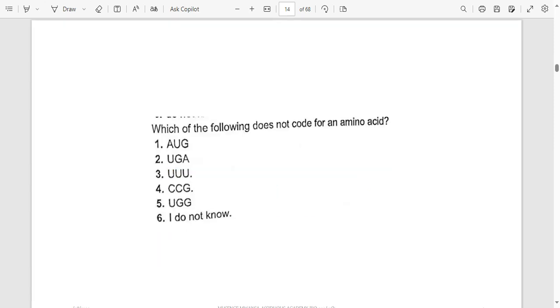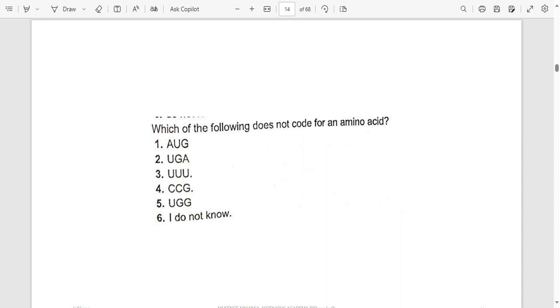Okay, good. Let's start. Which of the following does not code for an amino acid? AUG, UGA, UUU, CCG, UGG. Which one does not code for an amino acid? Feel free to open a mic, then you speak. UGA, okay?